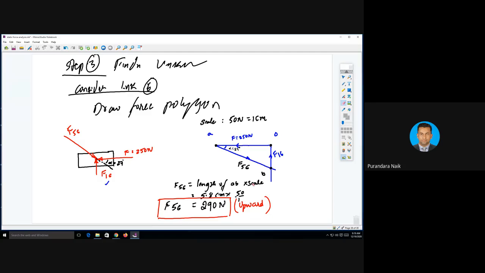Next, what else is there? This one, correct? F16 is equal to OB into scale.